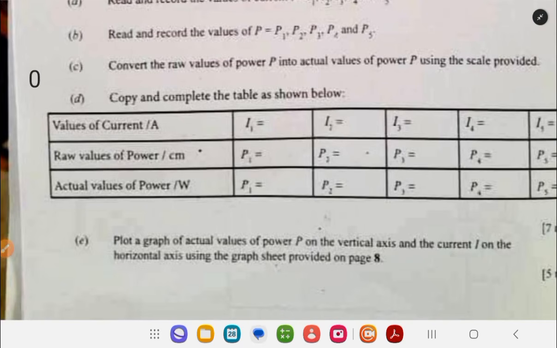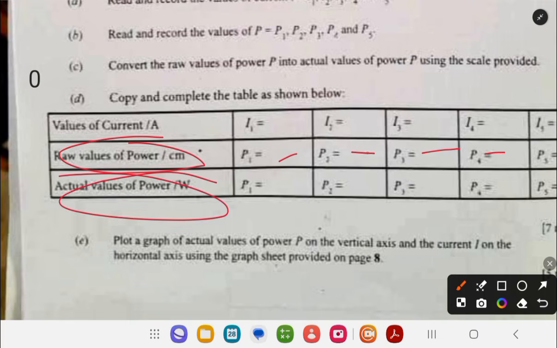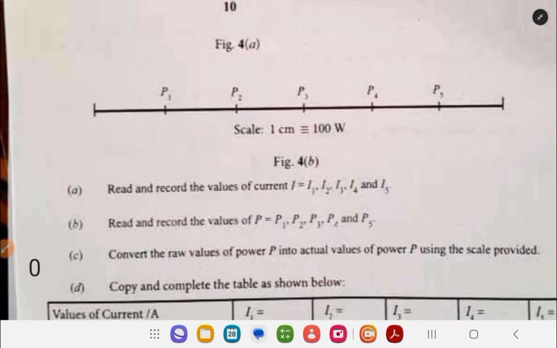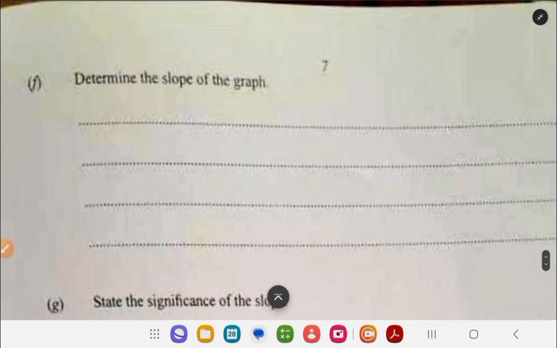But looking at this one, for the raw values of power in centimeters, power is not in centimeters actually. So over here, what you write is your ruler readings, the reading you got from your rule. But here is the actual power. Now there was a scale that was given. Every 1 centimeter equals 100 watts. So whatever dimension you want, multiply by 100 and then write it at the actual value side. So you plot your graph and determine the slope.